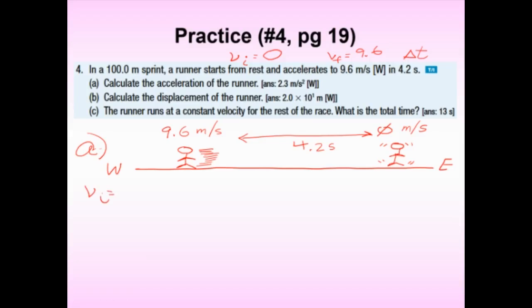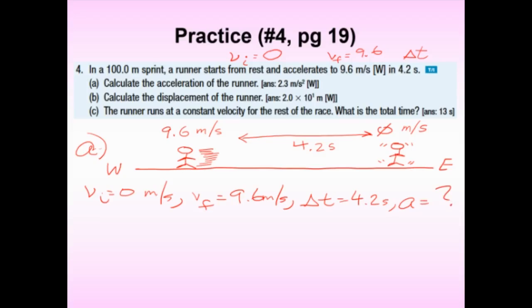So Vi equals 0 meters per second. Vf equals 9.6. If you did not provide the diagram, I would like to see the values written. Delta t equals 4.2 seconds. A, by the way, I'm not going to penalize you if you don't write a-a-v. The only A we care about is not instantaneous, but average. Okay, perfect.